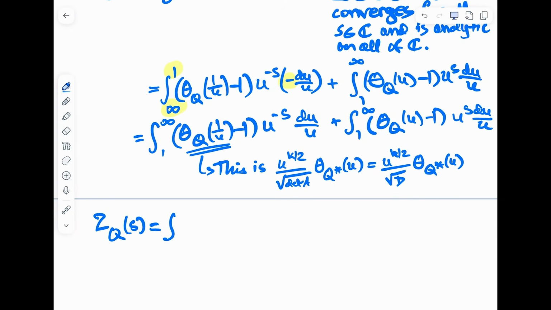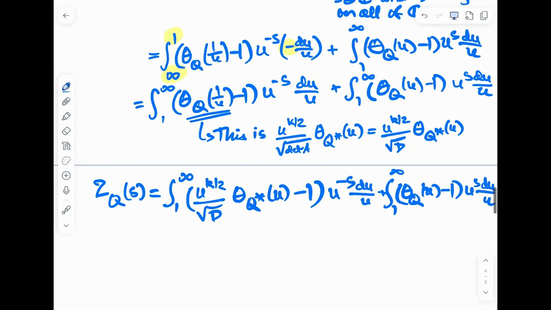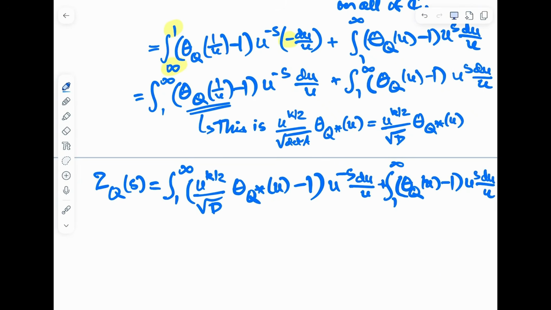All right. So now we're just going to put that in there. So now we're integrating from 1 to infinity, u to the k halves times theta q star. So the second quadratic form is making an appearance, and everything else is unchanged. So what I would prefer in the first integral is that where I see theta, I really would like to see theta minus 1.